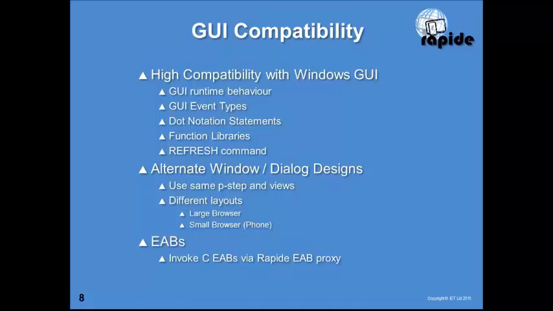In terms of GUI compatibility, Rapide is designed to provide very high compatibility with what you can do in a Gen Windows GUI. So we support a lot of areas that you might not expect a browser to support. We support very faithfully the GUI runtime behavior.